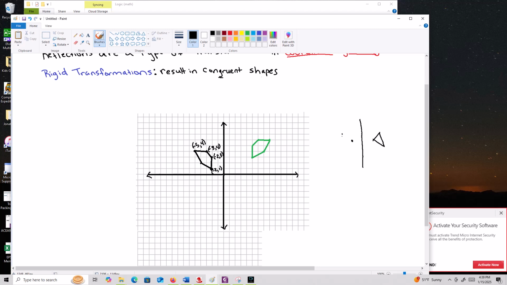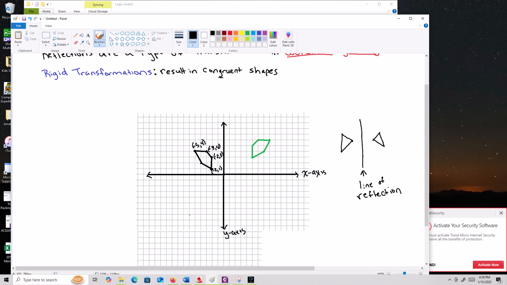So it would be something like that. And this was the line of reflection. Once again, for the purposes of this book, we are going to be using the y-axis or the x-axis as that line of reflection.